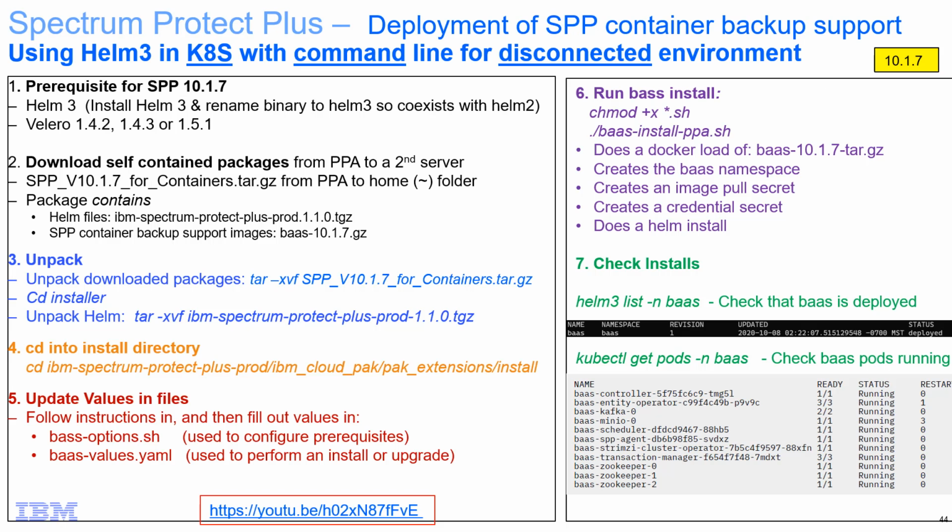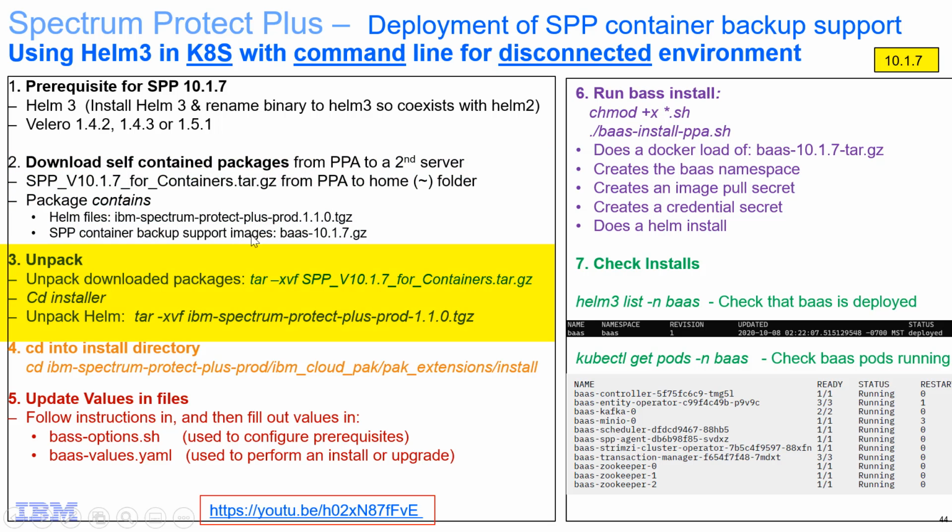So if we're looking at installing into either Kubernetes or OpenShift with a command line in a disconnected environment, remember, this is one where your environment doesn't have direct access out to the outside internet, you're going to pull down this specific package from Passport Advantage, which contains both your Helm and your Spectrum Protect Plus images.